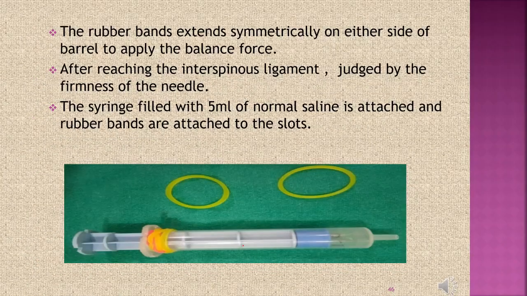To apply the balanced force, the rubber bands have to be extended symmetrically on either side of the barrel. So, after reaching the interspinous ligament, which is judged by the firmness of the needle, the syringe filled with 5 ml of normal saline is attached and rubber bands are attached to the slots.